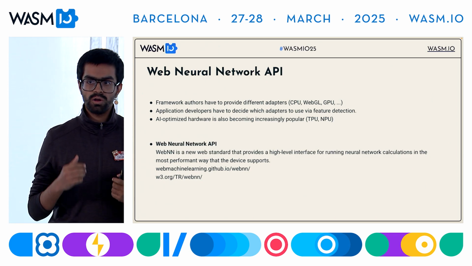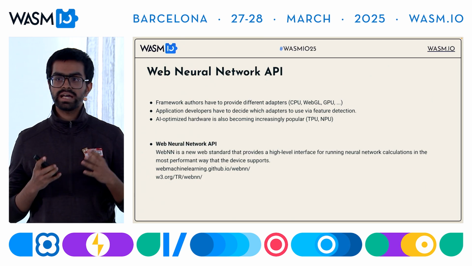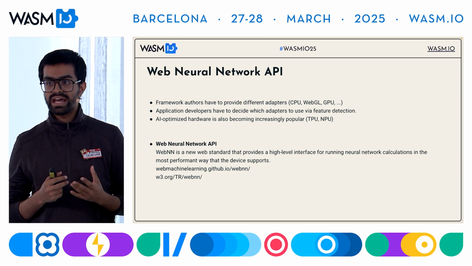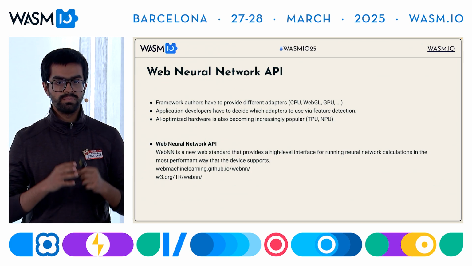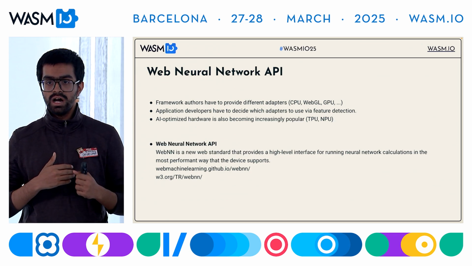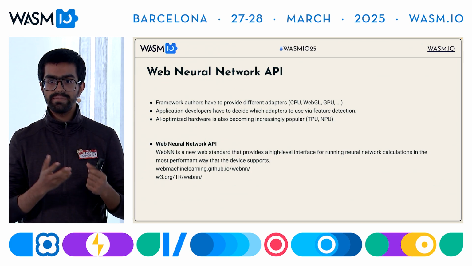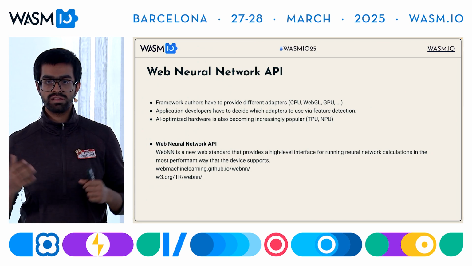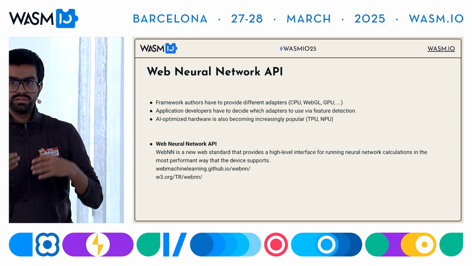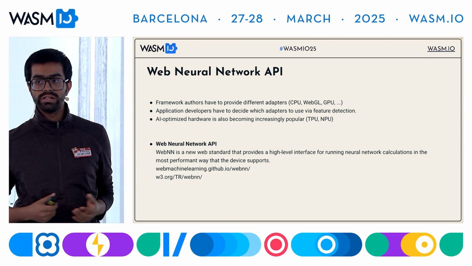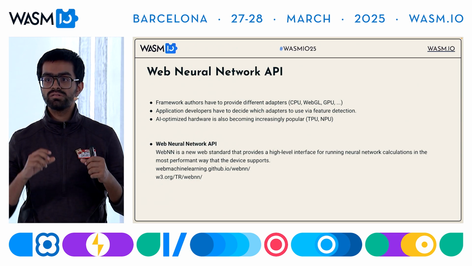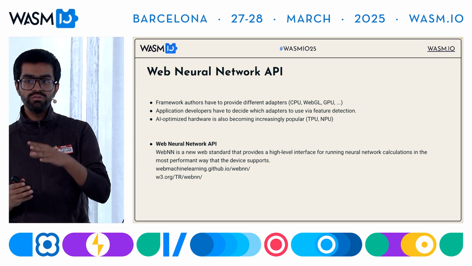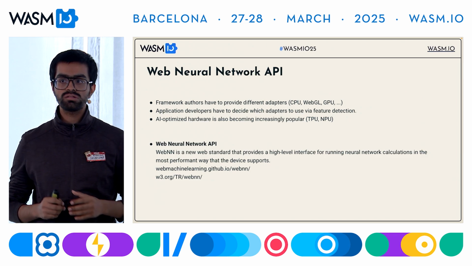Now, in order to automatically identify what type of device backend should be chosen based on what environment your code is being run on, based on the user, because you might have a user using the application on an iPad, or someone might have an HP laptop that's 10 years old, or someone might have the latest Mac. So there you can leverage this browser spec, which is the Web Neural Network API, that is automatically able to select the type of backend that is the most compatible, so that you as the user don't have to manually change that backend.